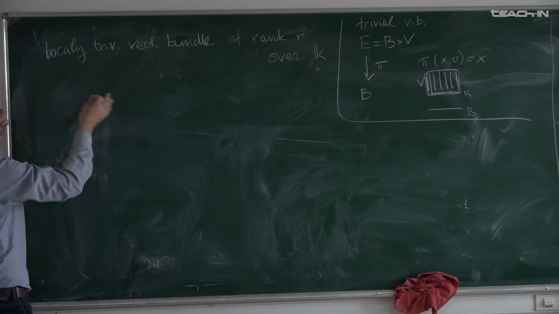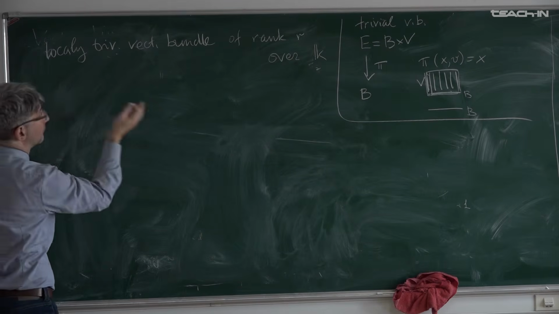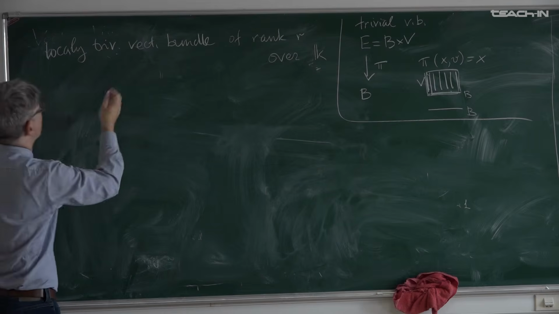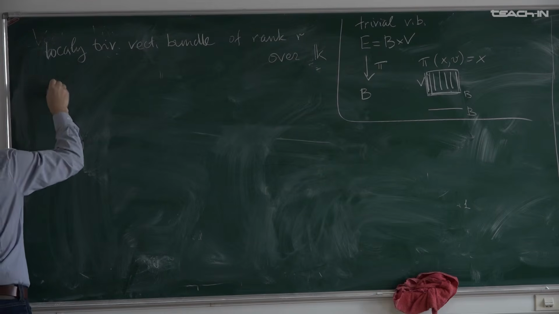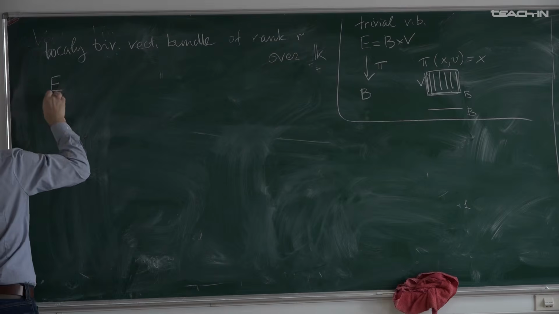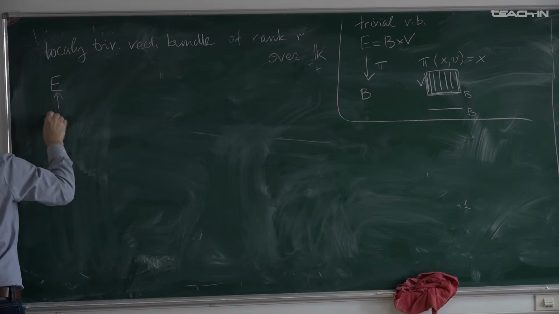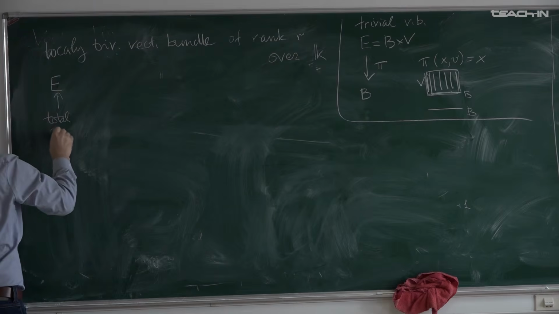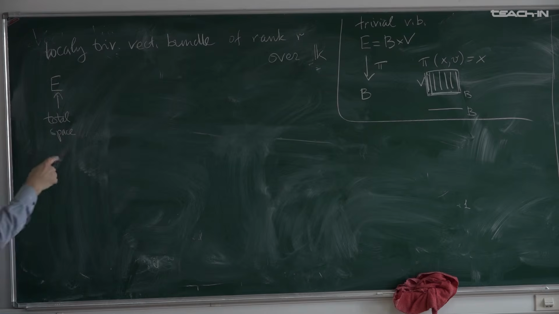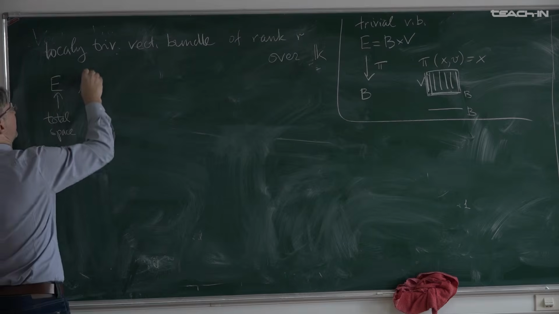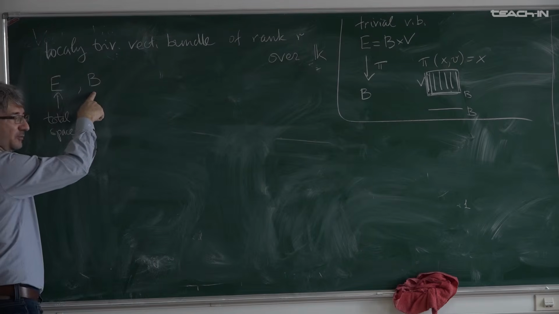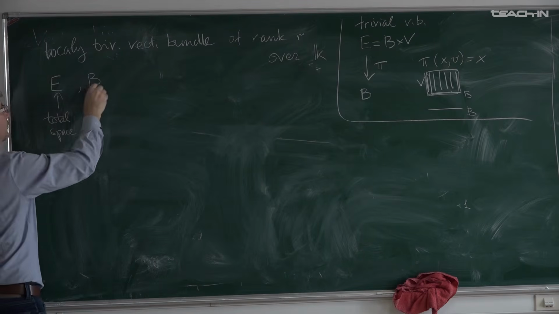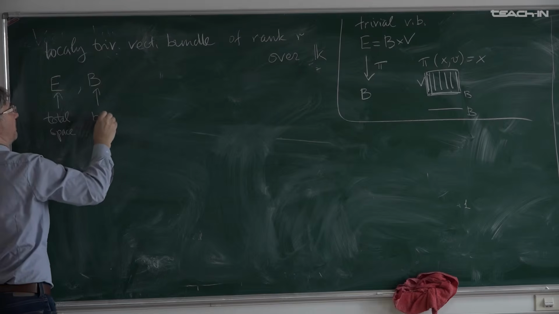What you have to describe if you want to speak about a locally trivial vector bundle, you need to have a collection of the following data. So total space. You should think about that as a union of all fibers. Also you have base. This is a space which parameterizes fibers.